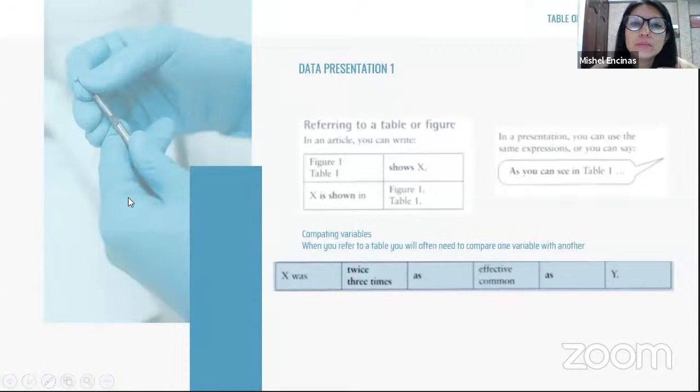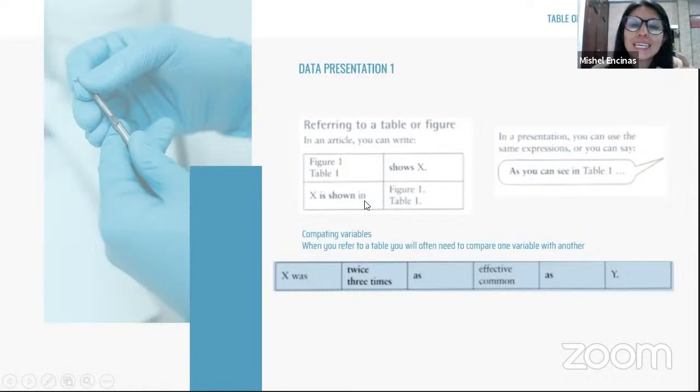We have a data presentation one. For example, referring to a table or figure. In an article, you can write figure one, table one. You can show whatever you want to show on the graphic or on the table. X is shown in.